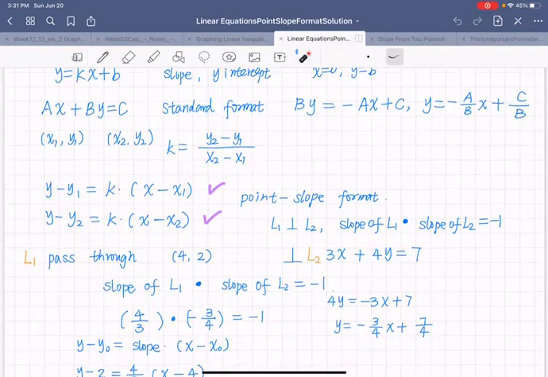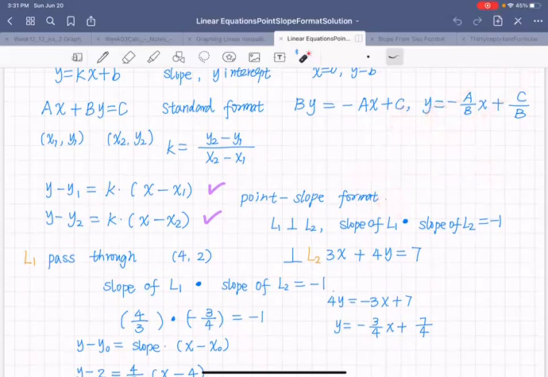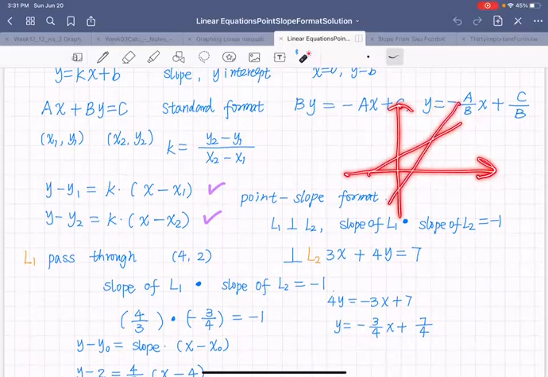No question. When you have two lines in 2D, if these two lines are parallel, they have the same slope. They will not cross, they will be parallel forever, and they will not have solutions. But if you have two lines with different slopes, they cross at one point.